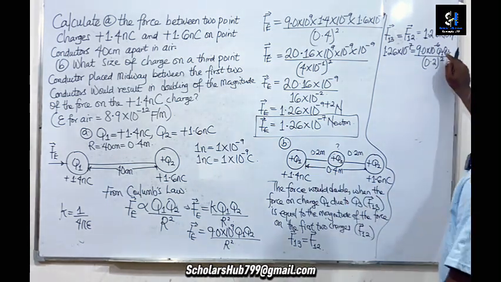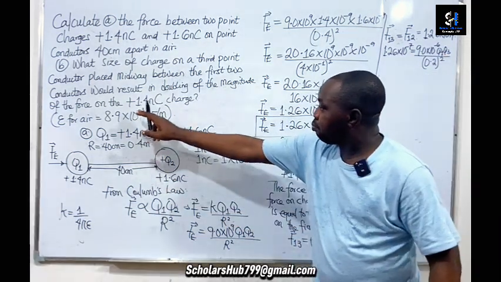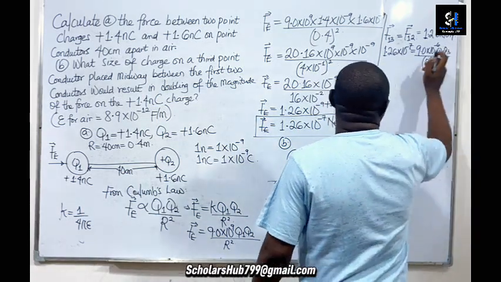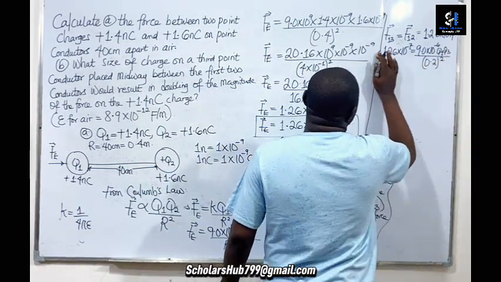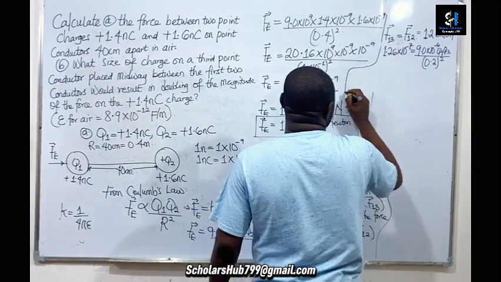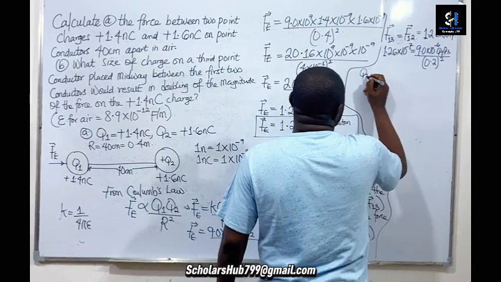We already know that the value of Q1 is positive 1.4 nanocoulombs, so I'm going to plug in the values. We are looking for Q3, so I'm going to make Q3 the subject of the formula.